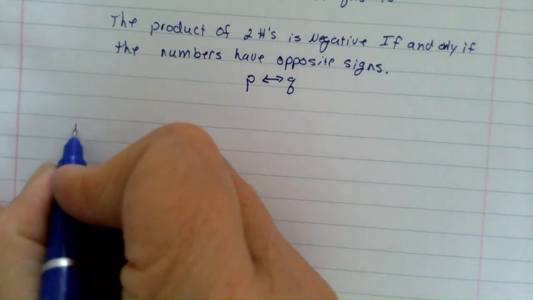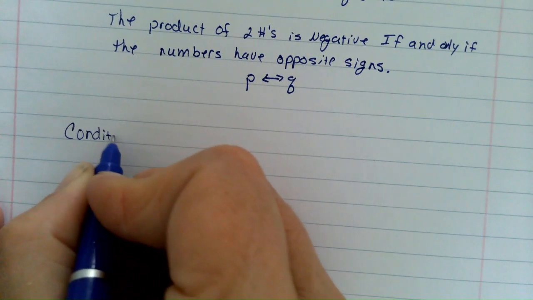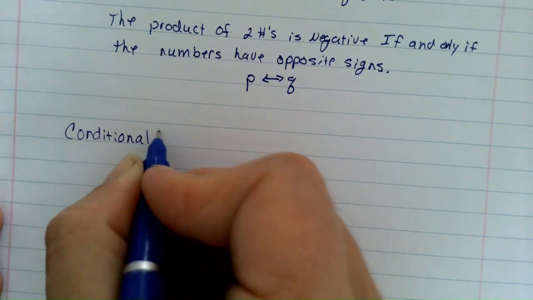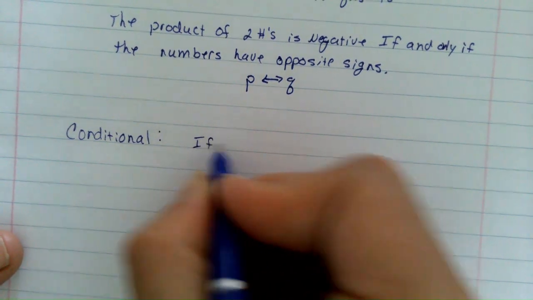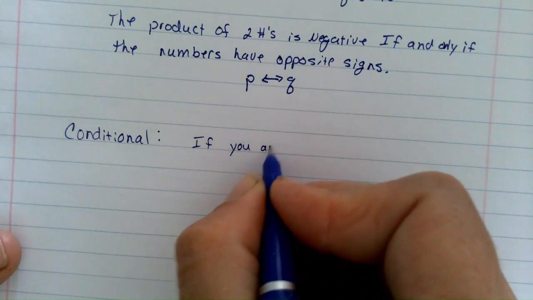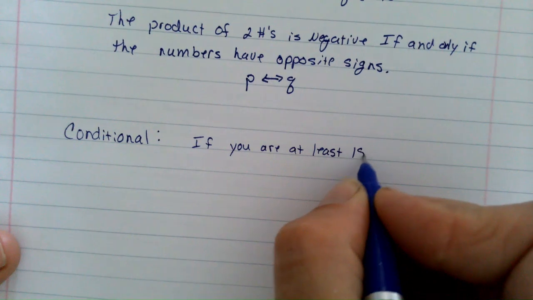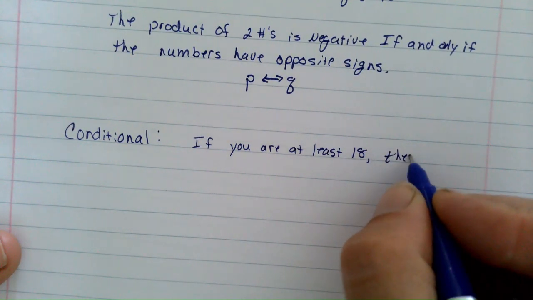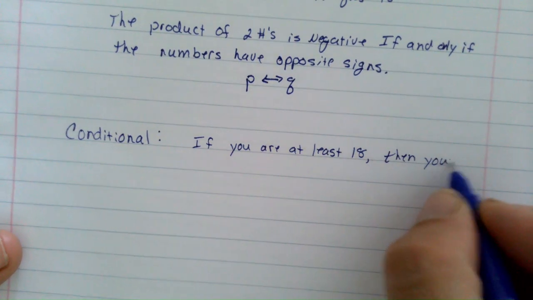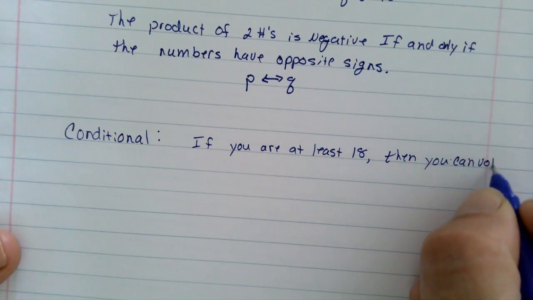Okay? So, and then we're going to write a conditional statement. And I'm not going to worry about the truth of it. We're just going to write the conditional statement. If you are at least 18, then you can vote. Okay?